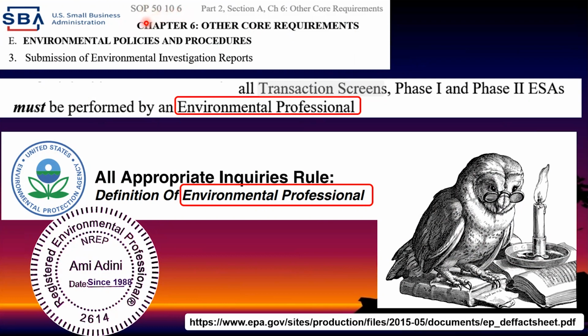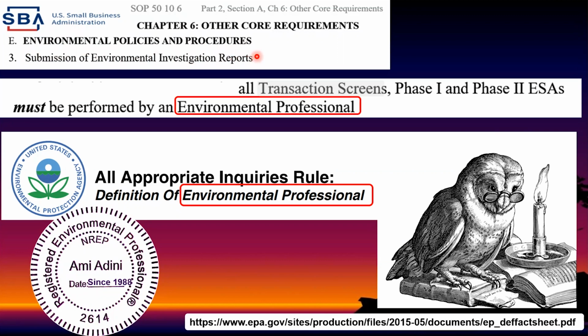One of the books is Chapter 6, Other Core Requirements. In Chapter 6 there is a subchapter, which is another book, Environmental Policies and Procedures. And in it, another book by itself, Submission of Environmental Investigation Reports.